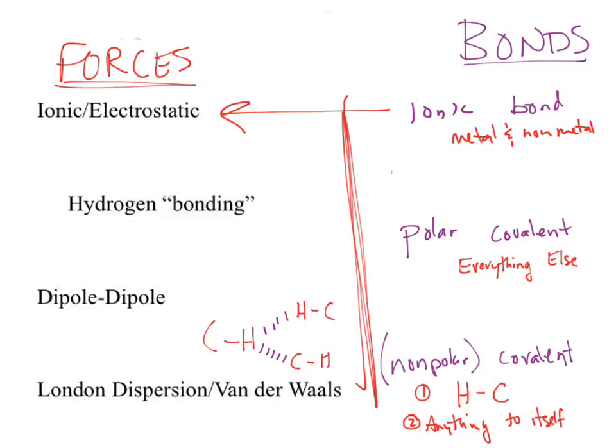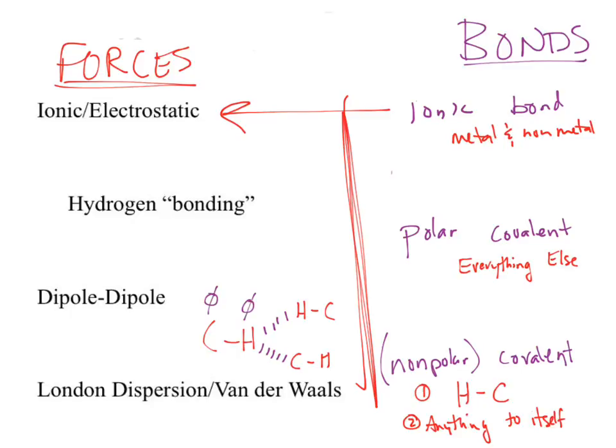A negative chloride with a positive sodium. When I move to the nonpolar covalent bond, what charge builds on the carbon? As a hint, it's nonpolar, which means no poles. What charge builds on the carbon? 0. There is no charge on that carbon. There is no charge on that hydrogen.